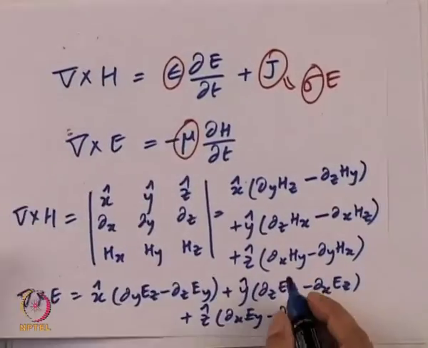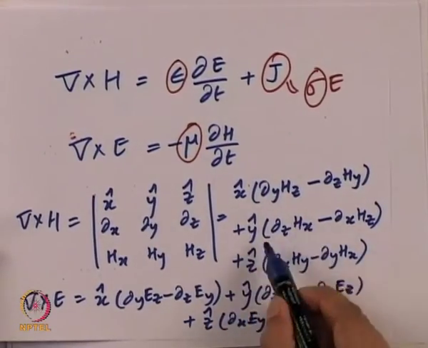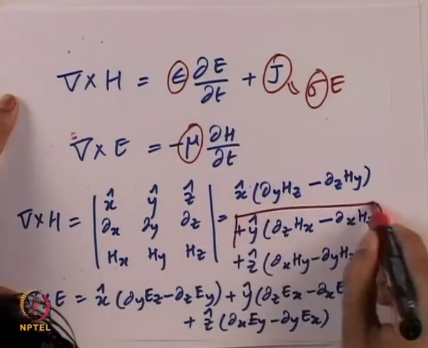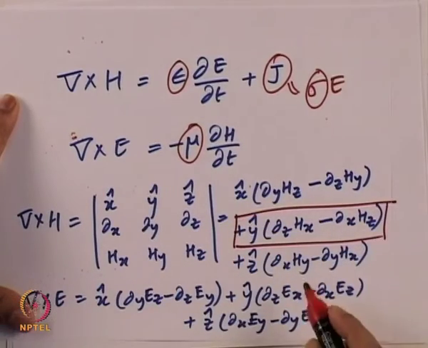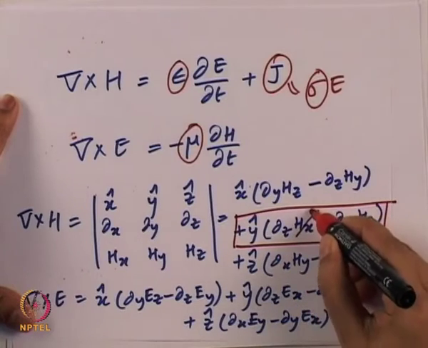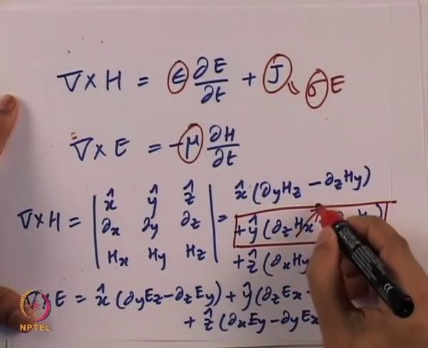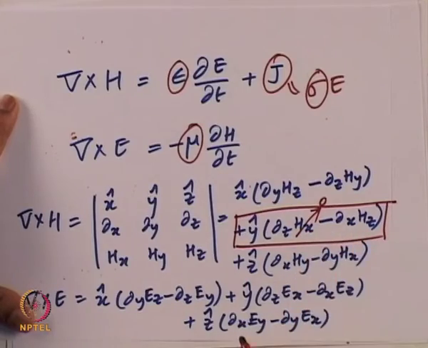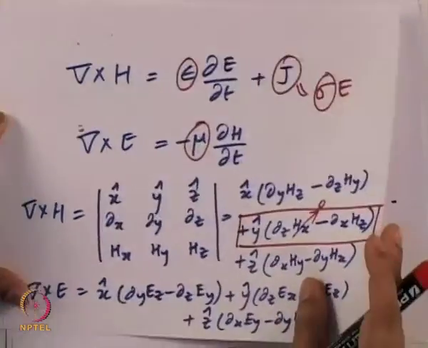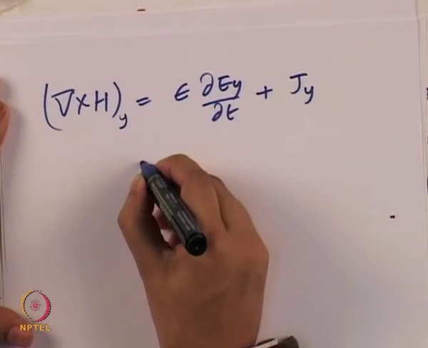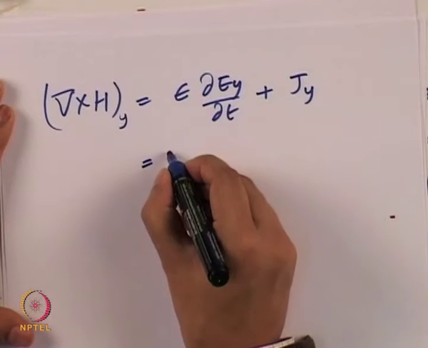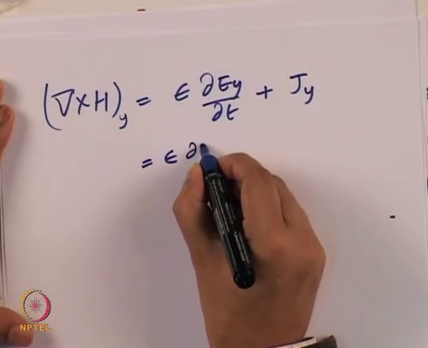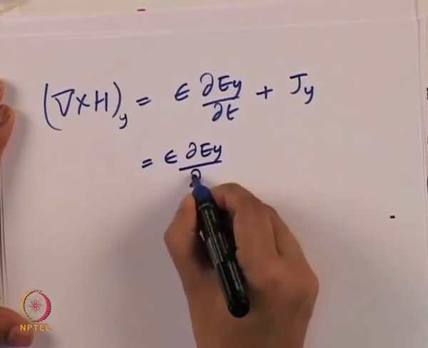If you look at this particular expansion of the y component, this is the term we are interested in. Of course in this term the Hx value is going to be 0, which we have given in the assumption, and we will have only this particular term. So let us write it down. What we have is epsilon dou Ey by dou t.